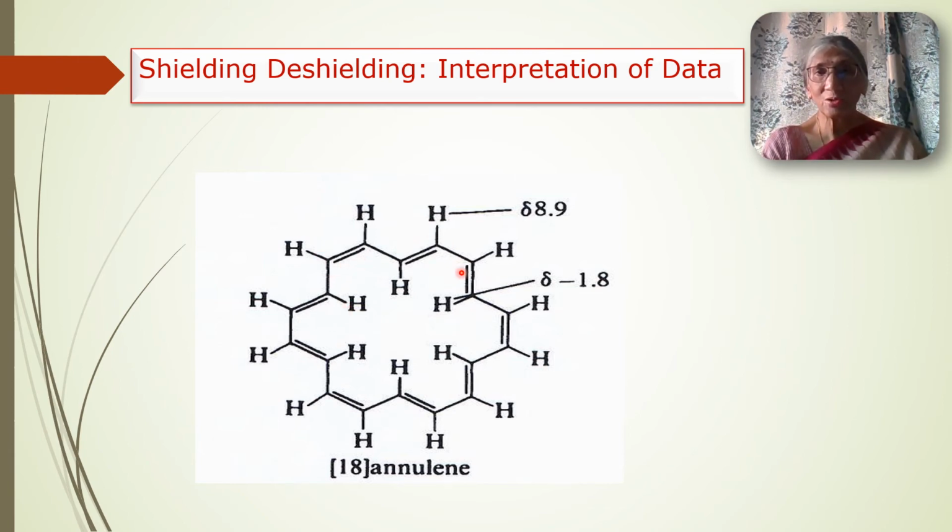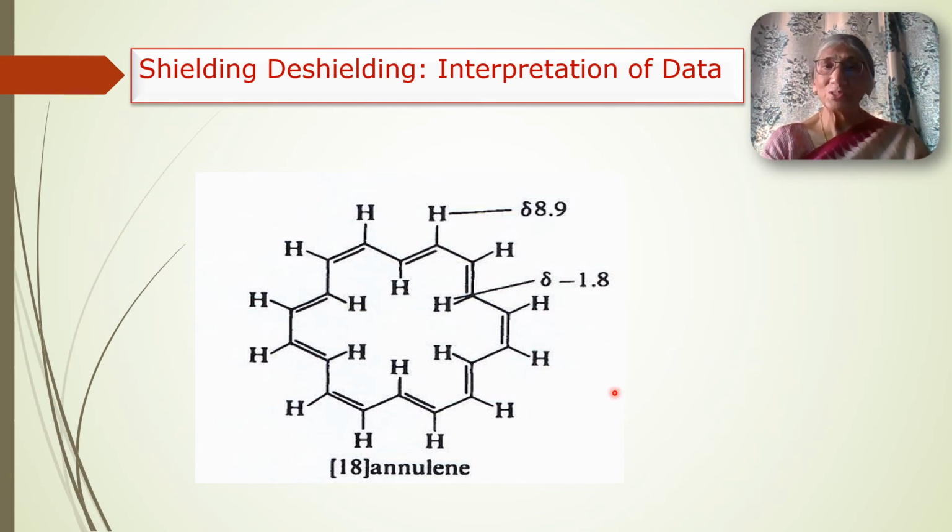By the circulation of peripheral pi electrons, they are cyclically delocalized and a ring current is generated. And peripheral protons are present in the paramagnetic area. Therefore, like other aromatic protons, they are de-shielded protons. Whereas the inner 6 protons fall in the diamagnetic area where the effective magnetic field is less than the applied magnetic field. Therefore, these protons are highly shielded protons and the signal is seen at delta minus 1.8.